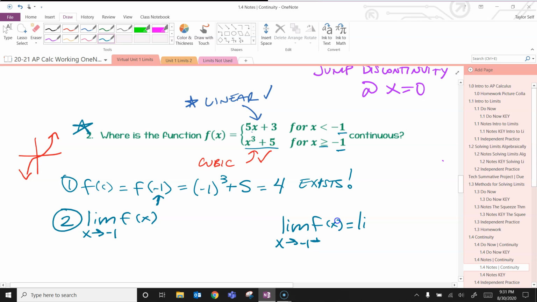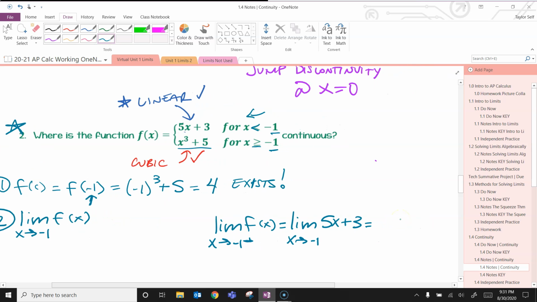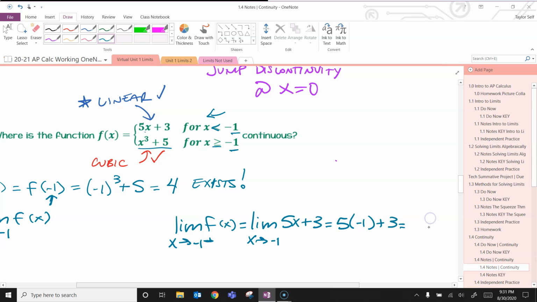That is the limit as x approaches -1 of the left piece, that's this arrow pointing left, 5x plus 3. Since that is a continuous straight line, we're allowed to substitute, so we have 5 times -1 plus 3 equals -5 plus 3, -2. Okay, cool.